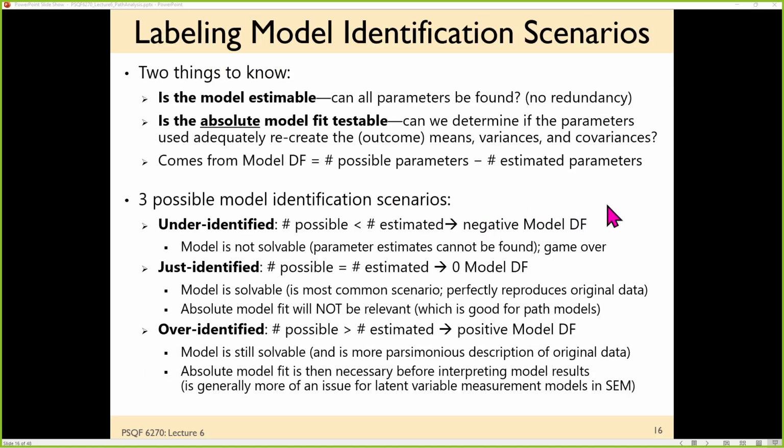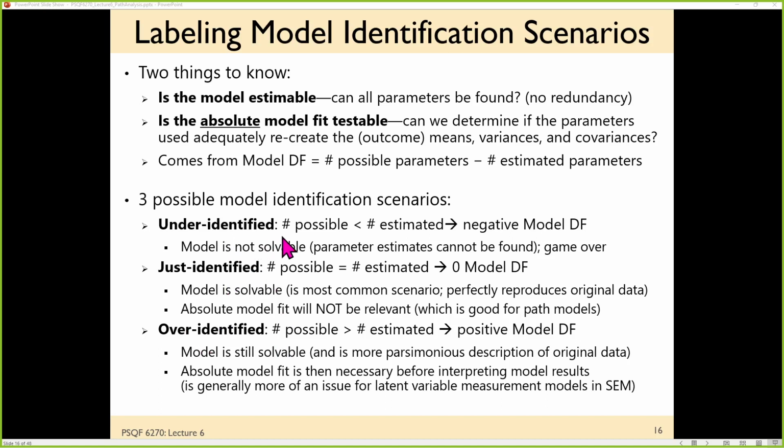So there are words that go along with this idea as to whether or not we've left something out and have to worry about fit. So assuming that our model is estimable, do we have enough information to actually get the estimates back? And the three scenarios here are under-identified, just-identified, and over-identified.